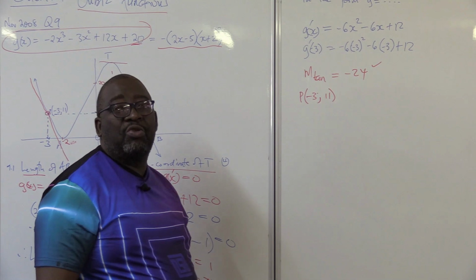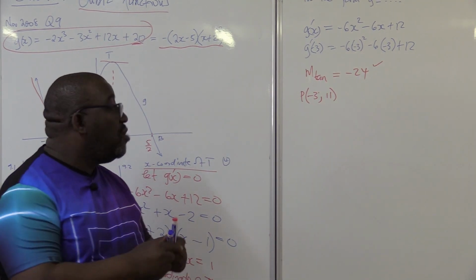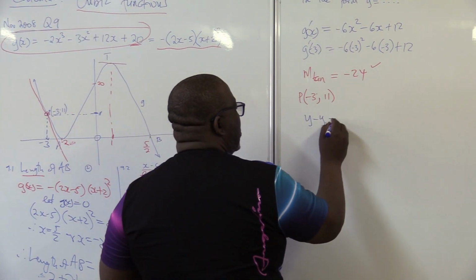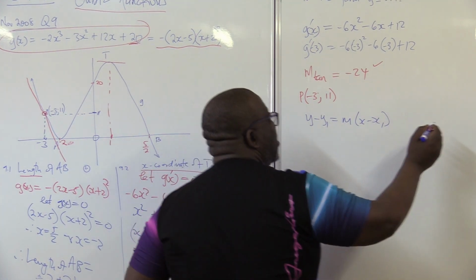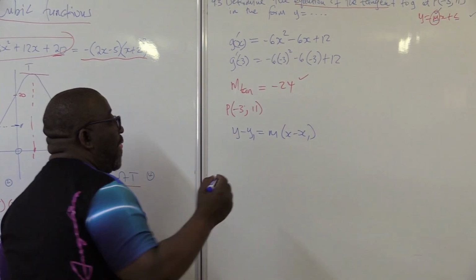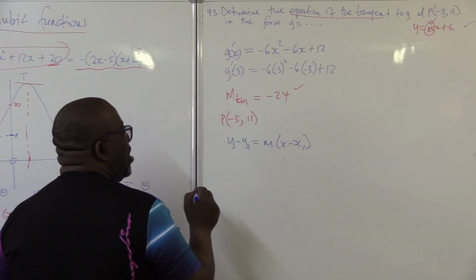You can use y equals mx plus c if you like, it's fine. You can use this one, which is y minus y1 is equal to m into x minus x1. It will all give you the same thing. This is x1, this is y1. Let's push it in here.